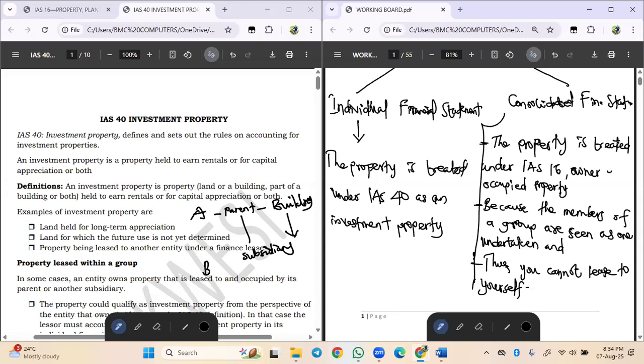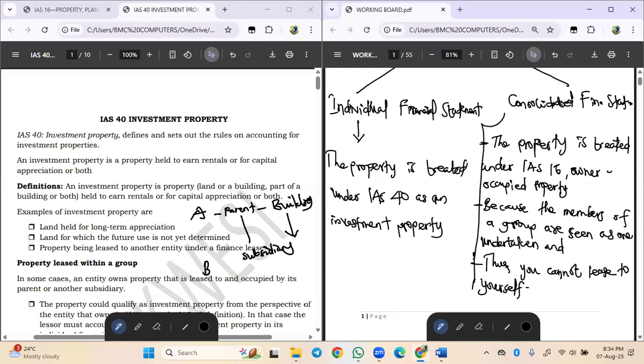So whenever there is a question, just ask yourself if they are asking from the perspective of the individual financial statement or from the perspective of the consolidated financial statement. Because how you treat it under the individual financial statement will be different from the consolidated financial statement.